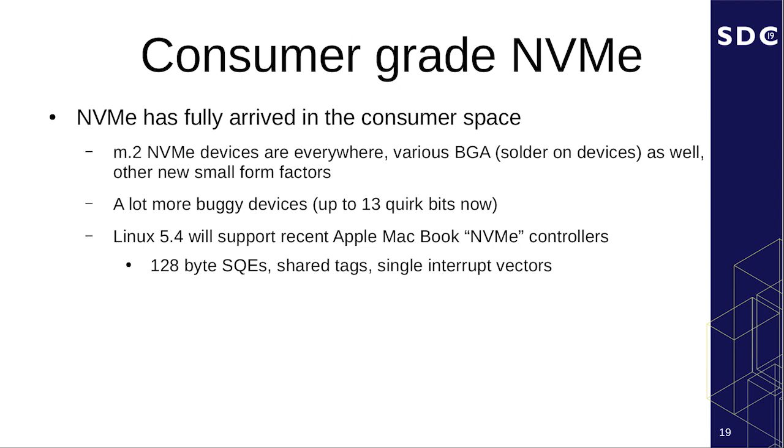What's really interesting is that Linux 5.4, which is being developed right now, will contain support for these so-called Apple NVMe controllers that you find in recent MacBooks, which look a lot like NVMe, except that it turns out the submission queue entry, which in NVMe has to be 64 bytes, is actually 128 bytes. They apparently have something in there, but you don't actually need it to work. And they won't work if you use more than a single interrupt vector.